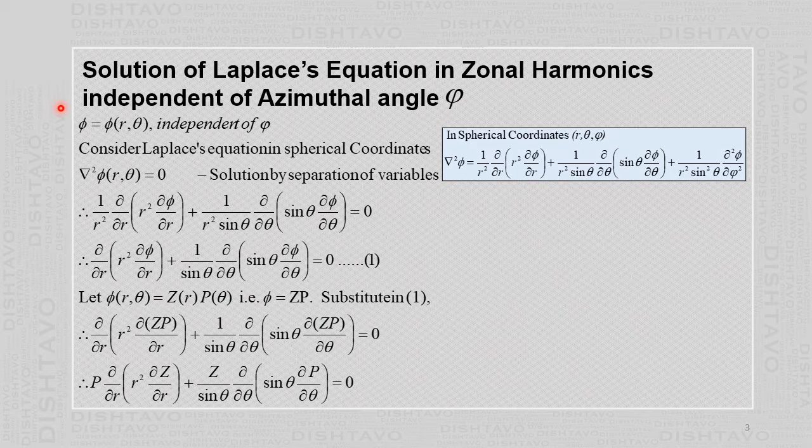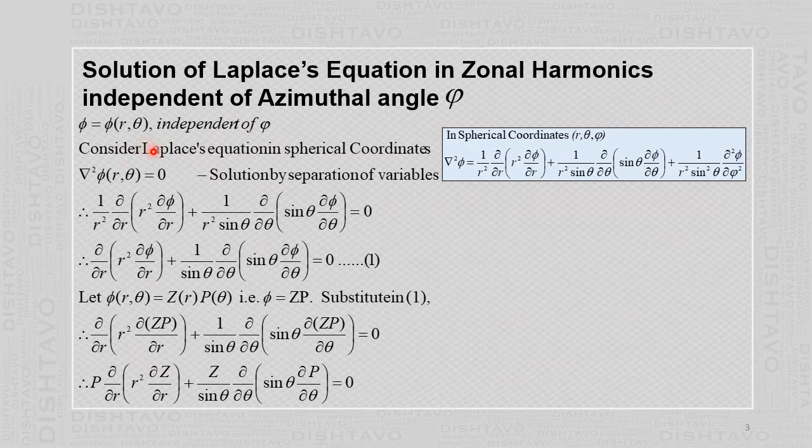Now here we find the solution of the Laplace's equation, which is written in the spherical coordinates r, theta and phi, but here we take for granted that the function, that is the potential, is independent of the angle phi. It depends only on r and theta.